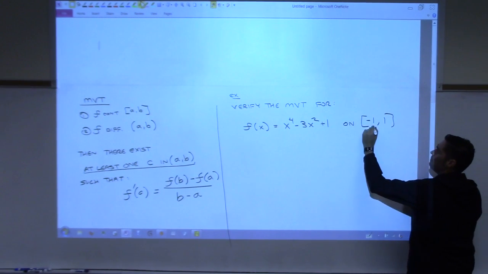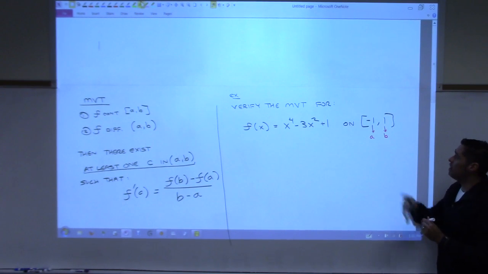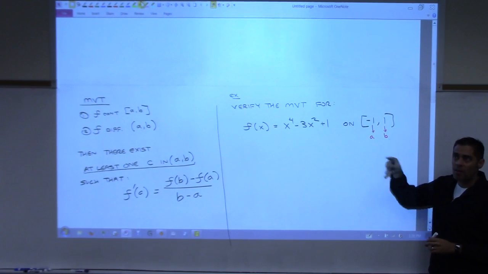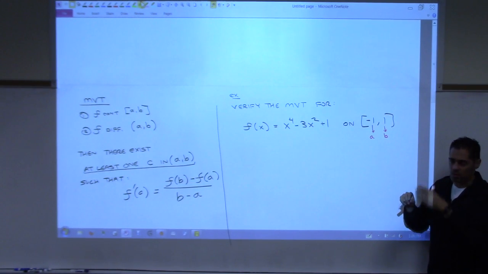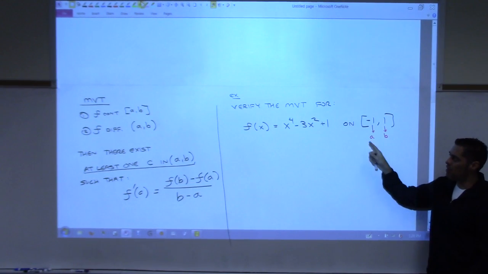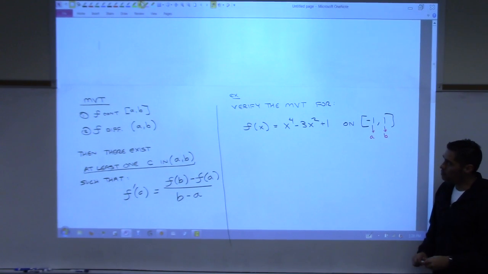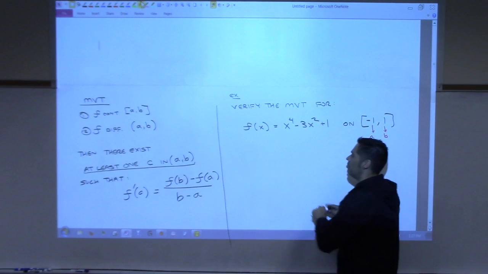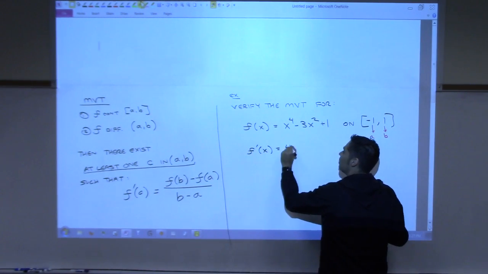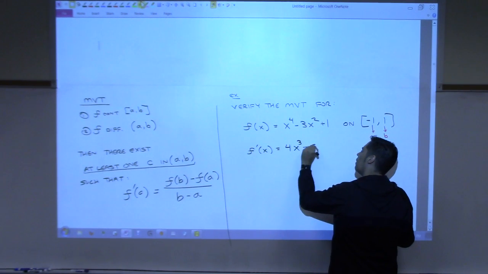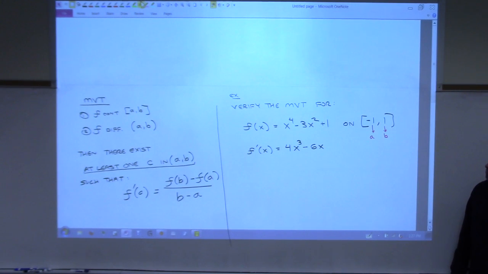This is A, this is B. I need to show you that there's some number in between these that when I go to that number and look at the tangent line, the slope of the tangent line is going to be equal to the slope of the line connecting the two endpoints of this function. So since we need the derivative, let's go ahead and take the derivative now. Let's just have it on our workbench so we can use it here. That's it? Pretty clean derivative? All right.